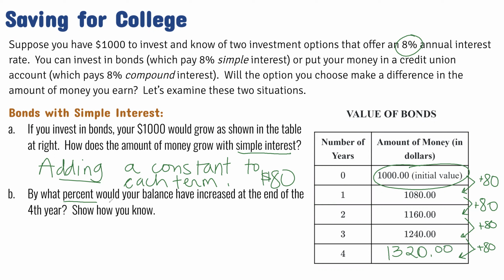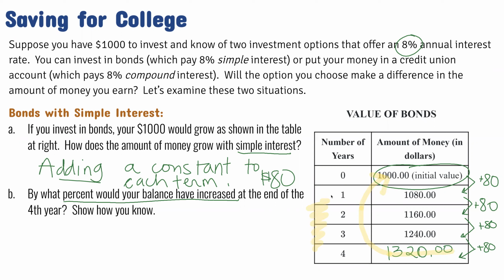It's asking by what percent would your balance have increased. So thinking back to the last lesson where we looked at how to find the multiplier, what we can do is take this number, divide it by this number to figure out what the multiplier is.